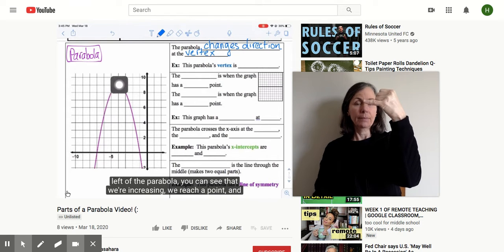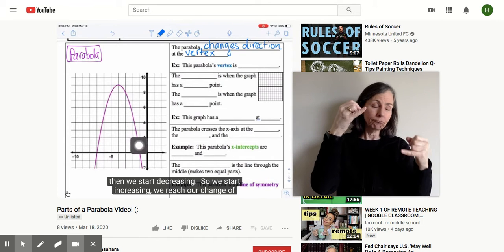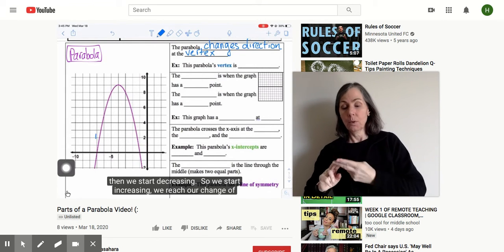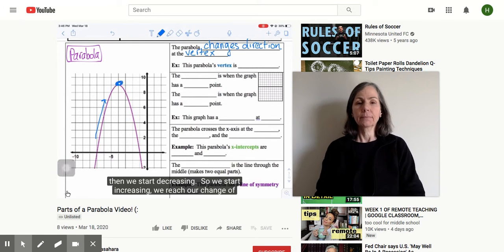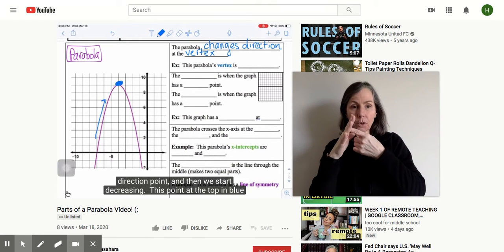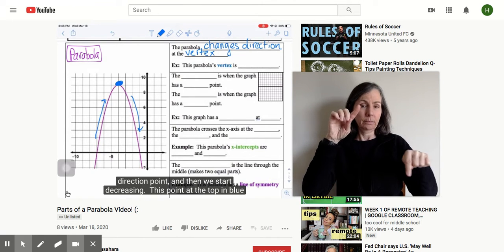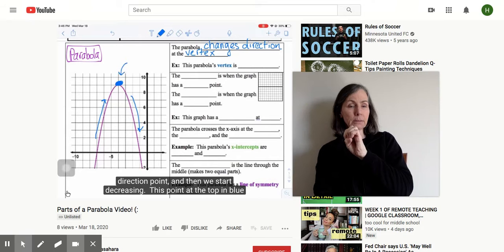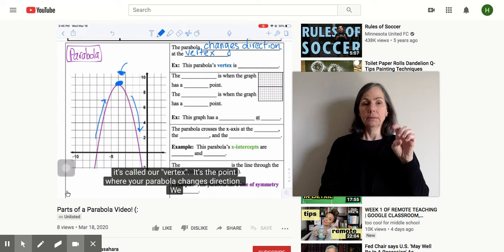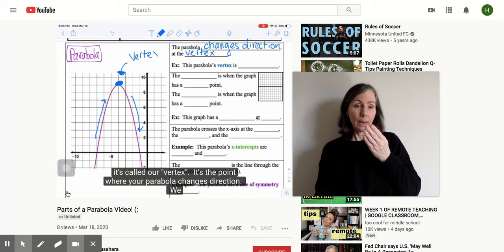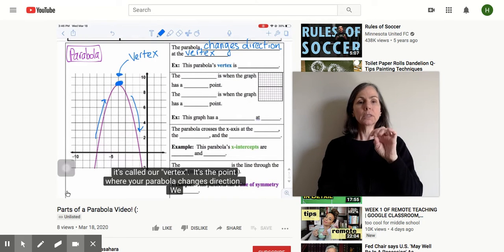We reach a point, and then we start decreasing. So we start increasing. We reach our change of direction point, and then we start decreasing. This point at the top in blue is called our vertex. It's the point where your parabola changes direction.